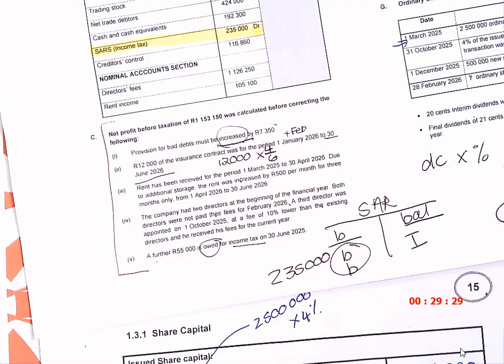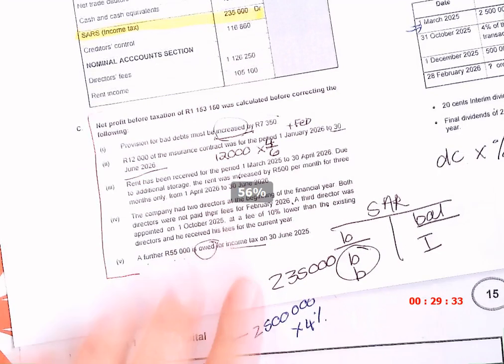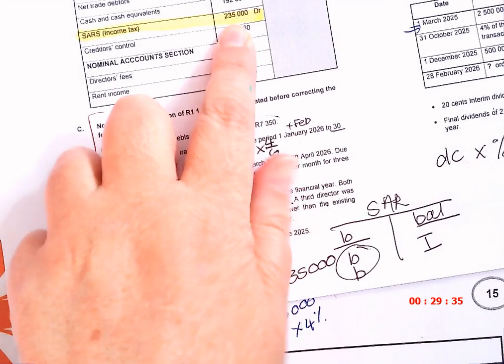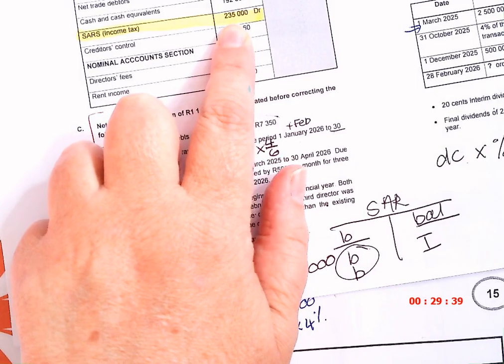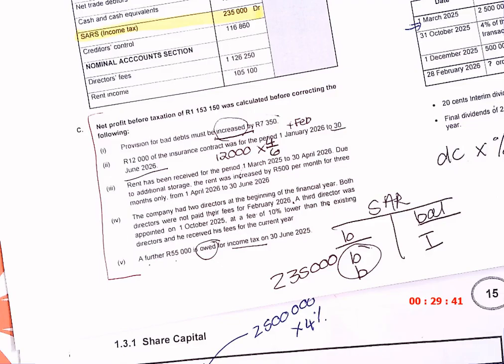Okay, so can you guys see that there, they don't have to tell you that it's provisional. You have to know that the procedure for SARS is that during the year you pay them 2 times, minimum, 2 or 3 times. So there's always going to be a debit balance for SARS in your trial balance.